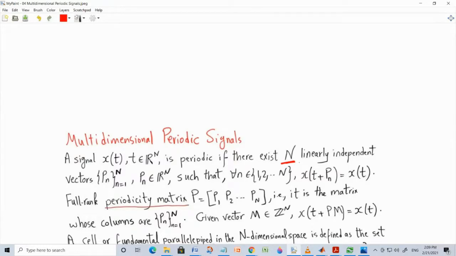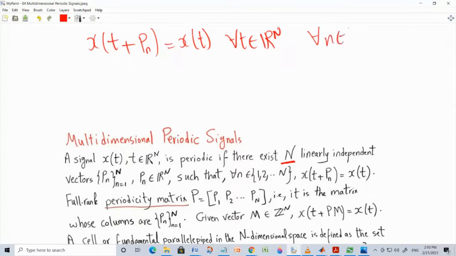You must have n linearly independent vectors, P1 up to Pn, and for each of those vectors, x of t plus Pn, remembering that t is an n-dimensional vector and Pn is an n-dimensional vector, is equal to x of t for every t that lives in Rn. And this should be true for every n from 1 up to n.